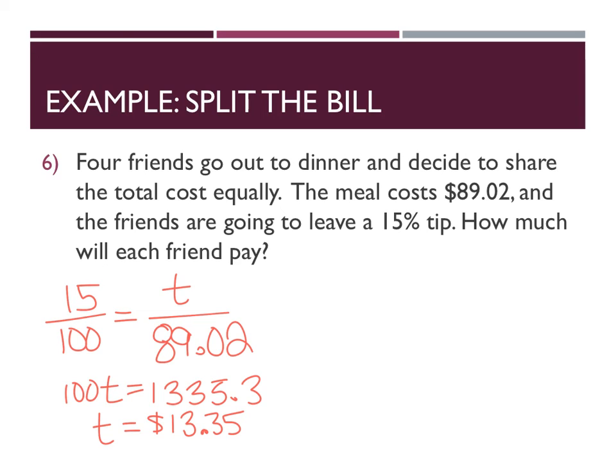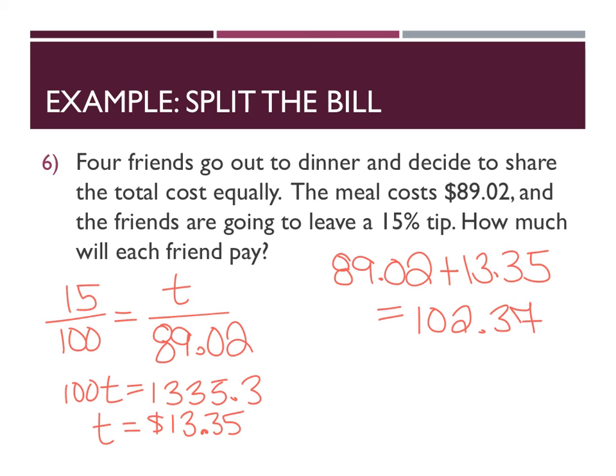Now we need to do 89.02 plus the 13.35, and we get 102.37. But we have 4 friends splitting this, so now I want to divide by 4, and I'm getting $25.59 each.